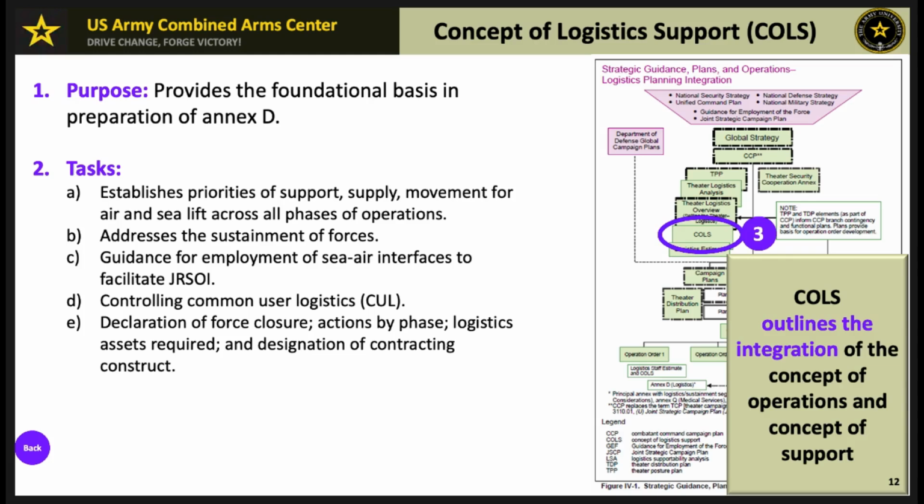The development of the concept of logistics support informs decision-making in logistics, ensuring operational plans are feasible and sustainable. Next, we will discuss logistics estimates, the fourth process in joint logistics planning.